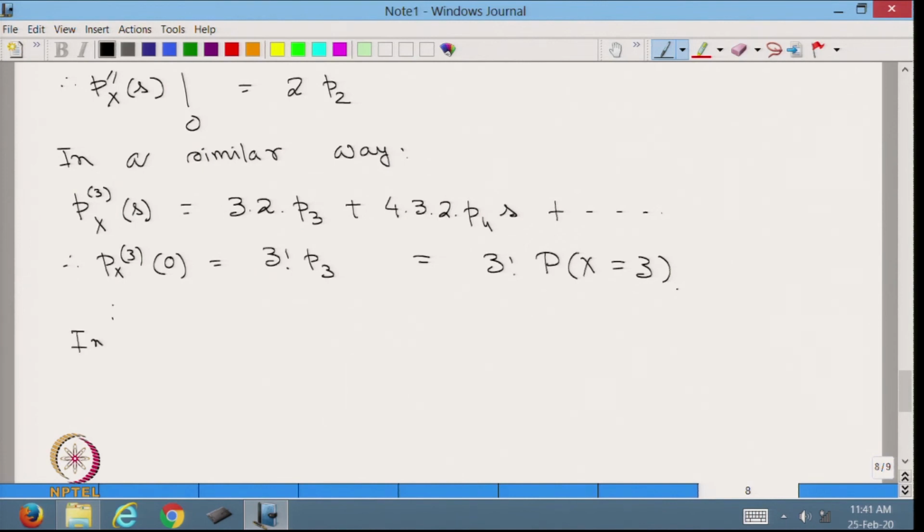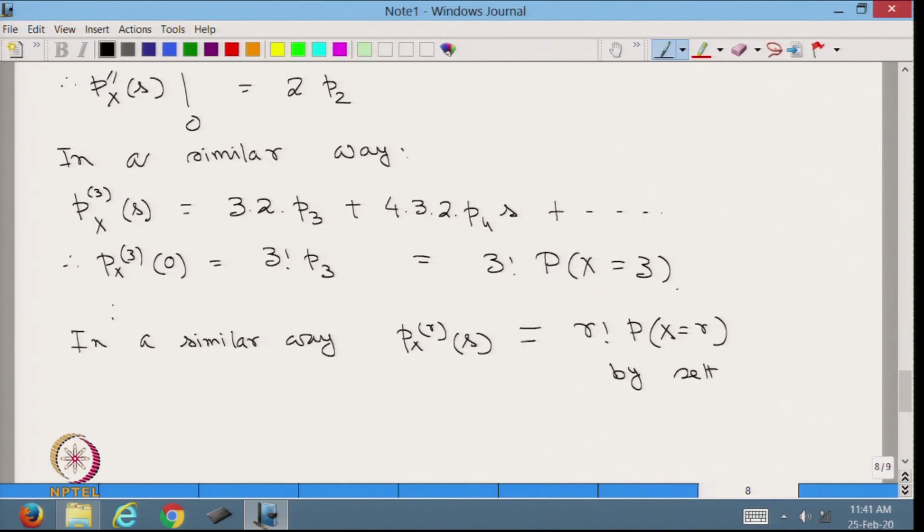In a similar way, the rth derivative of the probability generating function will give us r factorial into probability x is equal to r by setting s is equal to 0.